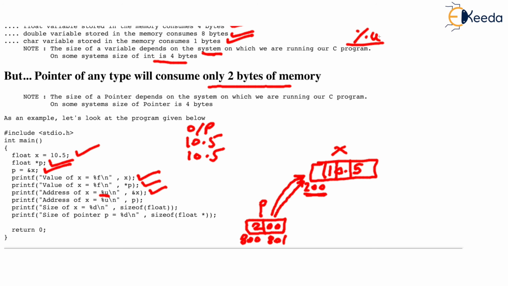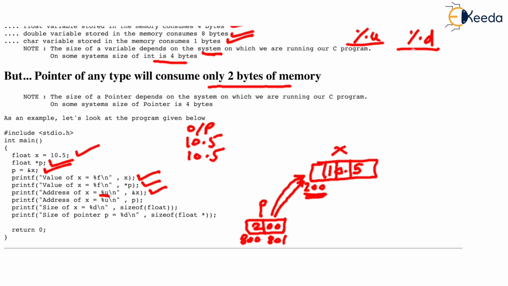Just check. If you are printing address it is always going to be a positive number. It can't be negative. So instead of using %d for printing address, well, we agree that addresses are nothing like 200, 300, 800. These are addresses.